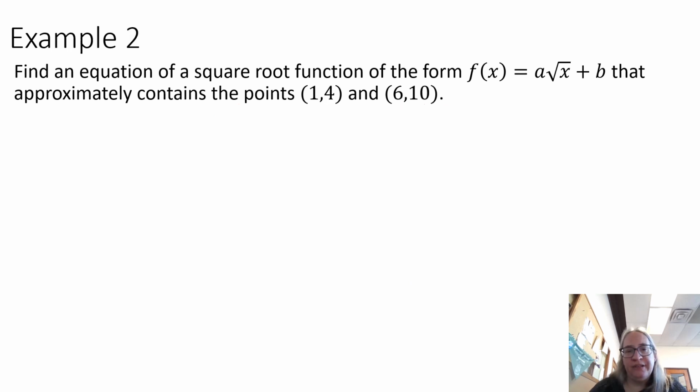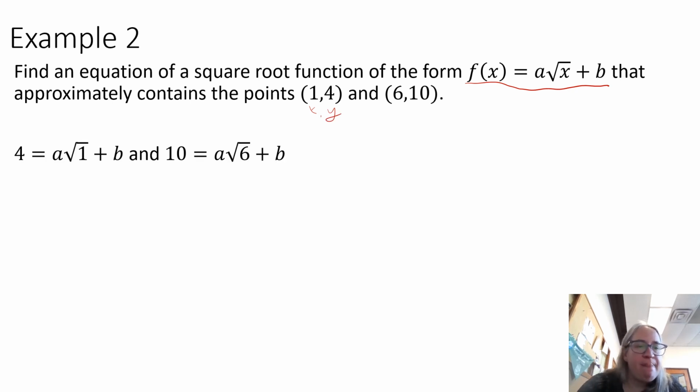Let's try a little bit harder example. This one's harder because it doesn't have any zeros. But the process is pretty similar up to a certain point. You take your function and you plug in your points. So first thing I do is I plug in my 1 and 4.